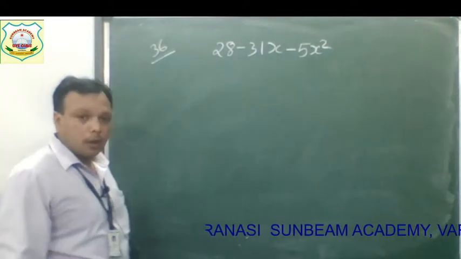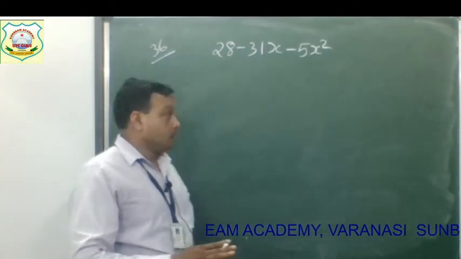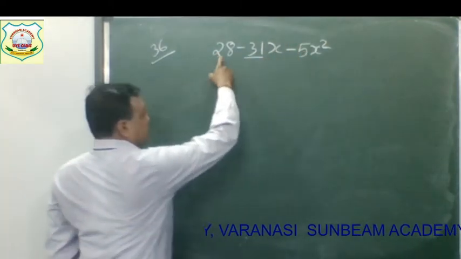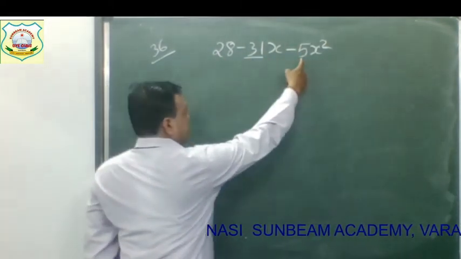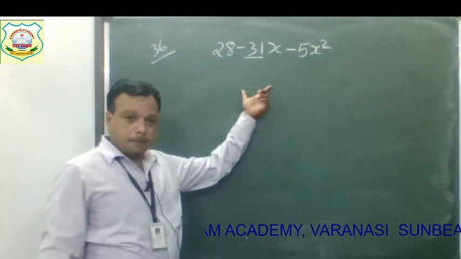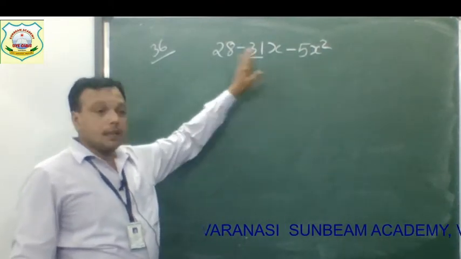So how will we solve it? The solving method is the same. Means 31 is here and 5, and this is the constant term. 5 into 28. We can do this with this sequence. Also we can change the sequence.